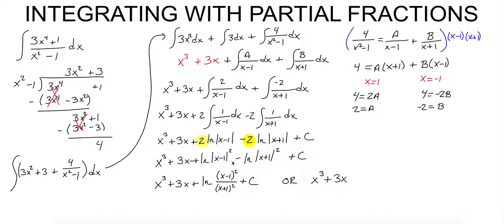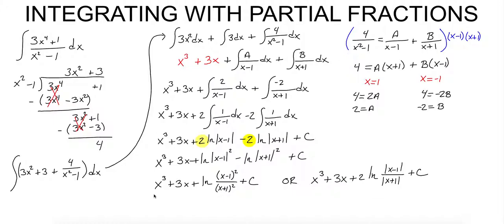If you decided not to bring in those exponents, and maybe just factor the 2 out as a coefficient, we can leave it as plus 2 times natural log of the absolute value of x minus 1 over the absolute value of x plus 1, plus c. And those really are equivalent. In this one here, I leave them as absolute values, and the 2 is outside. If I brought the 2 in as an exponent, it would be the whole fraction getting squared. In this case here, that's exactly what I did, and that's what it looks like there. So, really both versions are correct. Either one would have been fine.